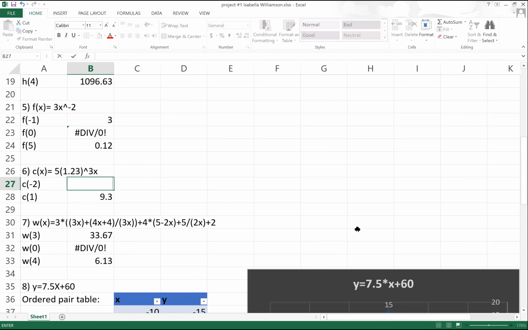We need a formula. So 5 times 1.23 raised to 3x. So put 3 and x in parentheses. 3 times what? The first one is -2, so 3 times -2.